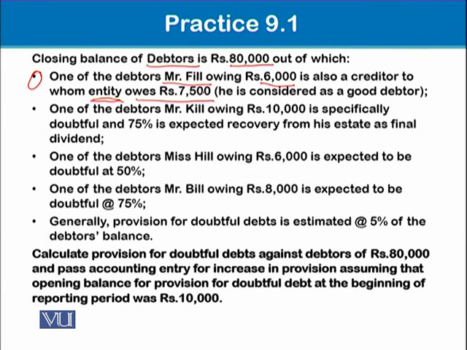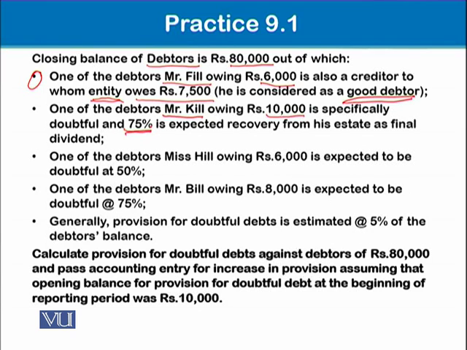So the entity owes 7,500 and Phil is owing 6,000. So it means he can never be bad. So Mr. Phil is a good debtor. Then one of the debtors, Mr. Kill, is owing 10,000. He is a specifically doubtful debtor, and we have estimated that 75% is expected recovery from his estate as final dividend. It means we have a doubt of 25% on it.